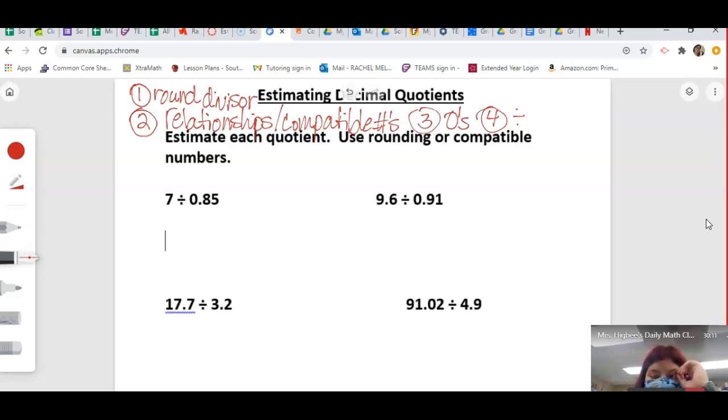All right, so when I'm looking at 7 divided by 0.85, okay, remember the first step is round the divisor. This is the divisor. So raising your digital hand, what do you think we should do with 0.85? Okay, Brandon, I see your hand, but you're not going to answer every question today. All right. Elijah, what would you do with 0.85?